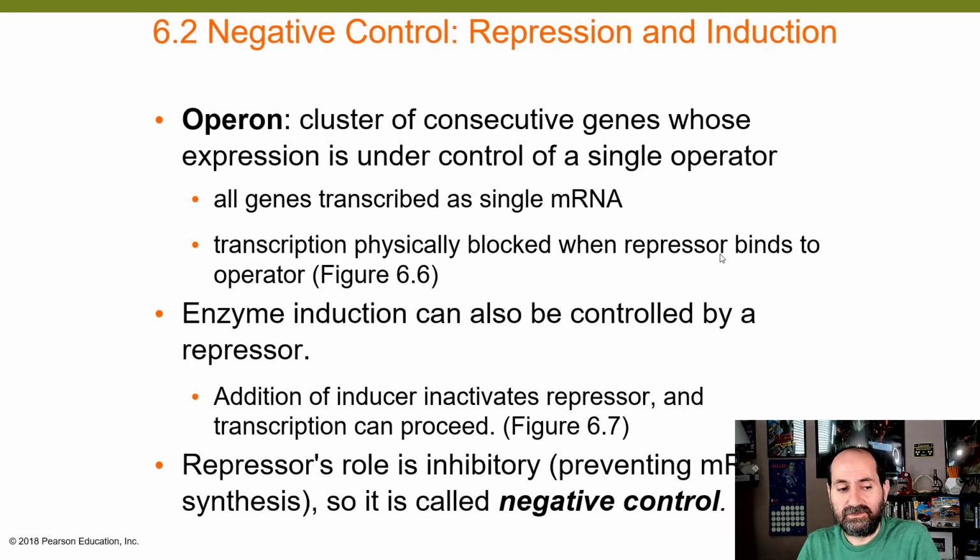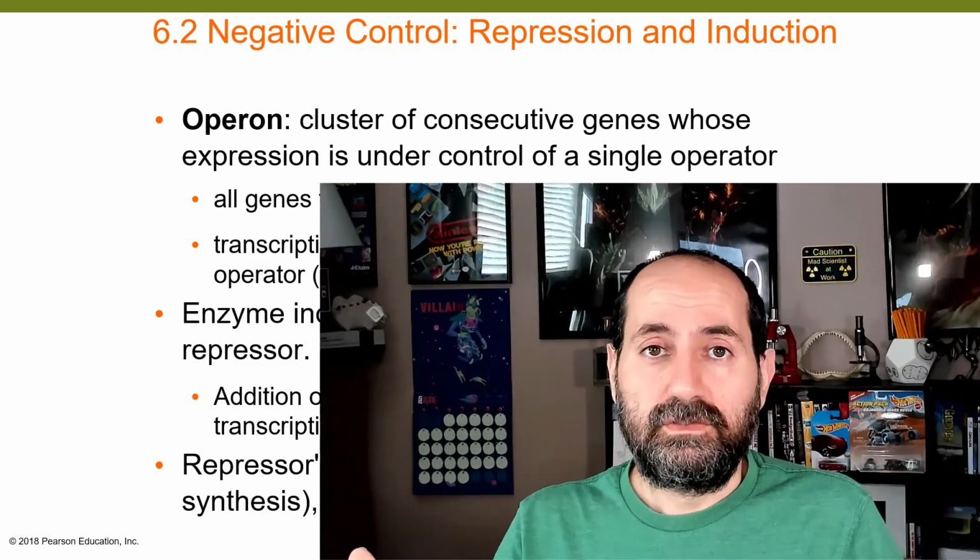You've got activators for positive control, repressors for negative control. We've talked in detail about negative control, about repressors. So next we've got to talk about activators with positive control.